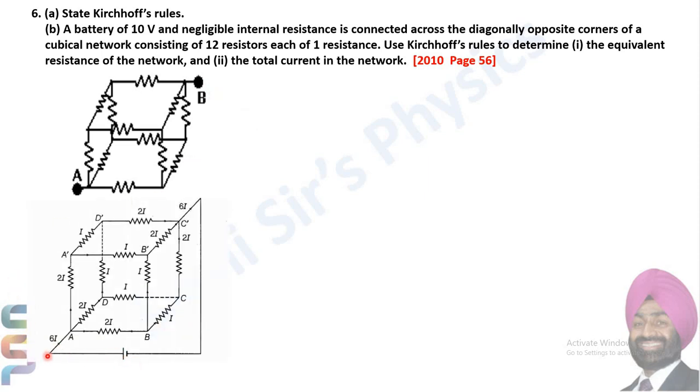For convenience, current drawn from the battery is taken to be 6I, which you will come to know later. Why 6I? We have 3 equal paths and this is a junction, so current 6I would get divided into 2I, 2I, 2I each. All the paths are equal.